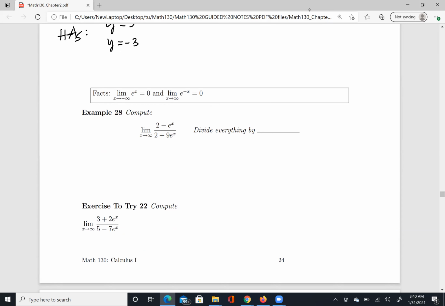The fact that you should also know is that the limit of e to the power x as x goes to negative infinity is equal to 0.